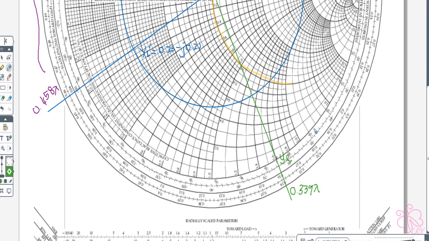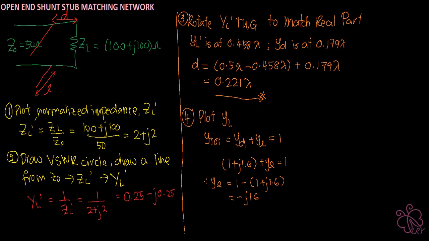All right, so to calculate our L, look back at our stub. The stub is open and shunt. Okay, open and shunt. So remember from the previous lesson, this is our Smith chart. This is our real part.